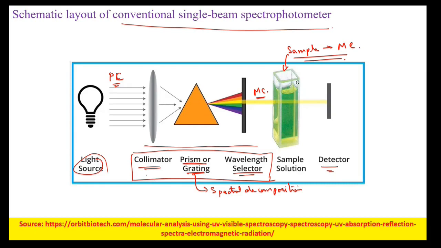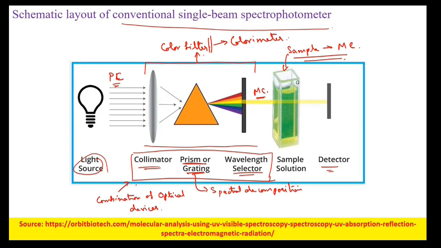If we replace this combination of the optical devices, that means the collimator, the prism or grating, and the wavelength selector, if we change or replace this part using a color filter, then the system is regarded as a colorimeter.